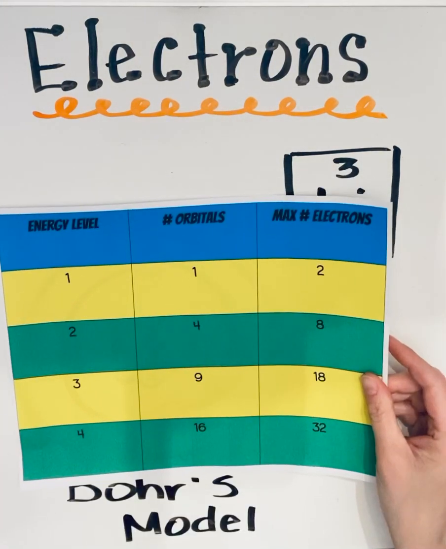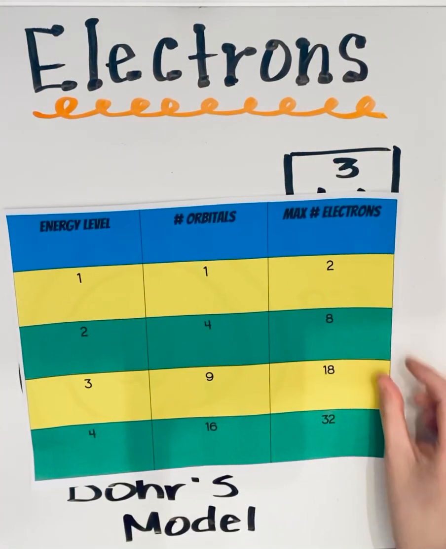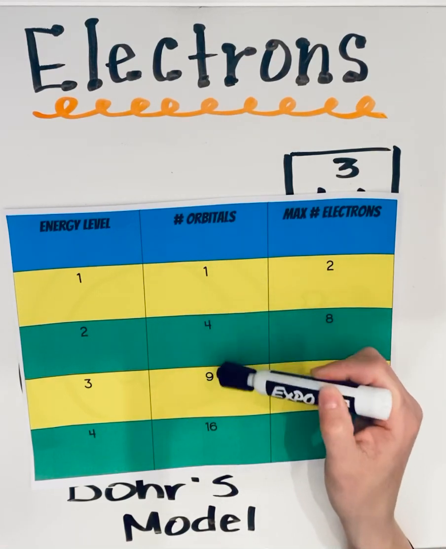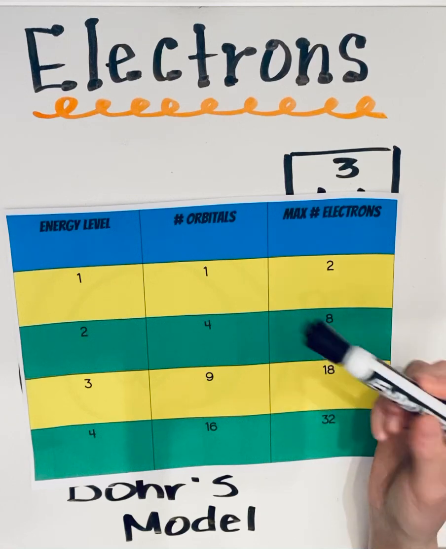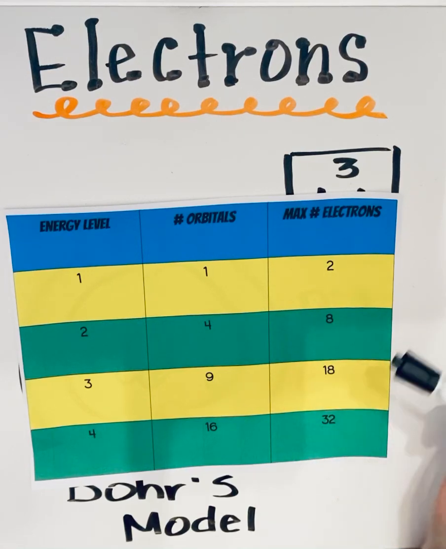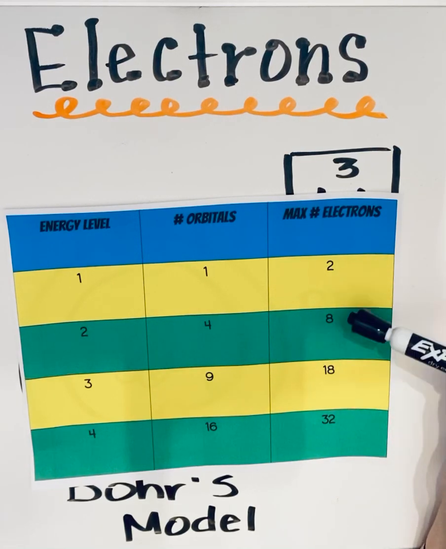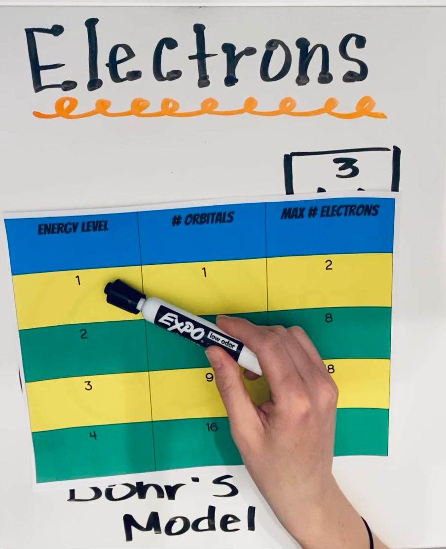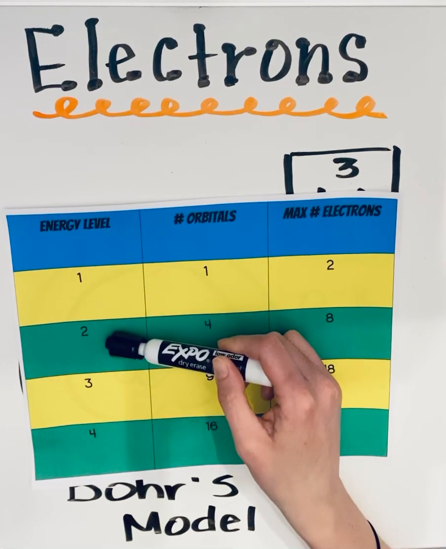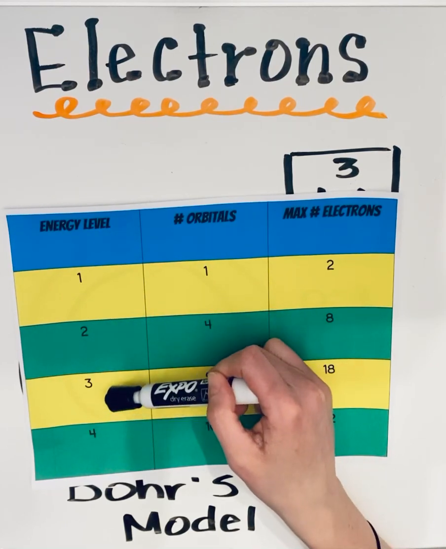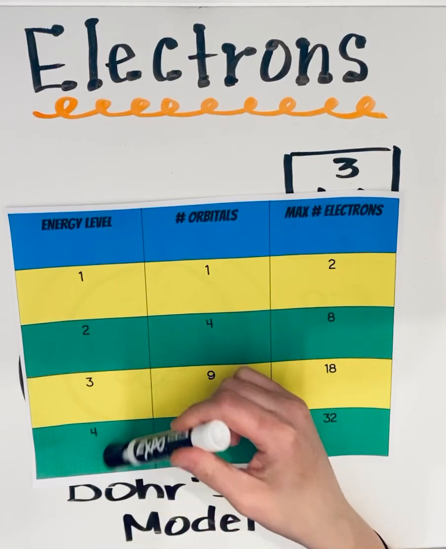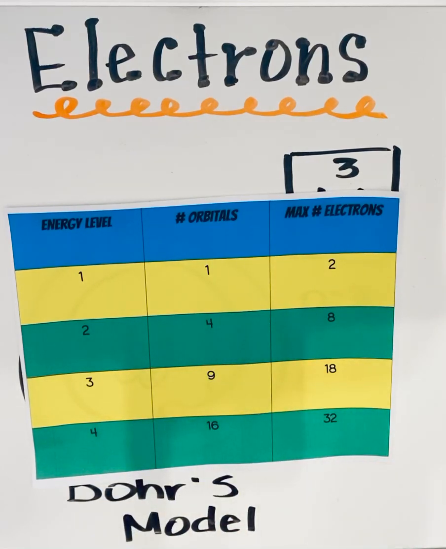So this is a nice little chart that you had in your slideshow that shows you how many rooms would fit on each floor of the hotel, and that it also shows you how many people or electrons can fit on each floor of the hotel. So energy level 1 would be floor 1, energy level 2 would be floor 2, energy level 3 is floor 3, and then energy level 4 is floor 4.